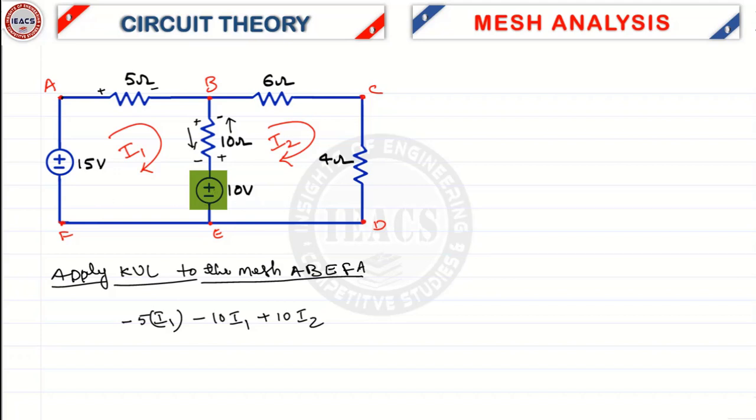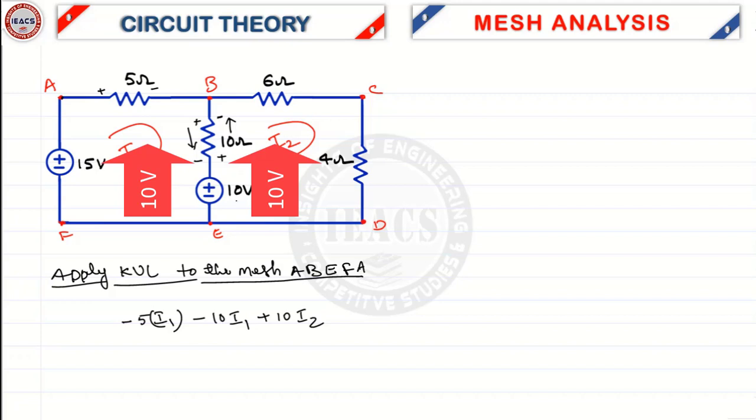So it will supply 10 volts potential to mesh 1 as well as to mesh 2 in the same direction. So it is the mesh current which decides whether it can be taken as a voltage rise or voltage drop. It depends upon to which mesh you are applying KVL.